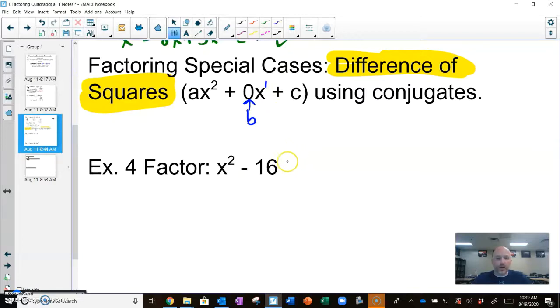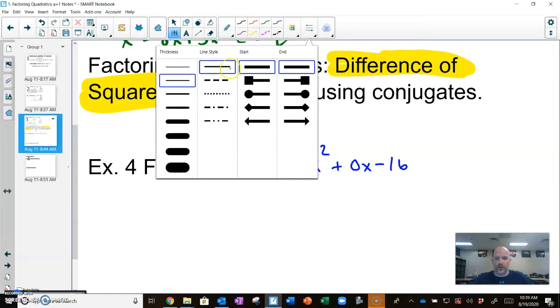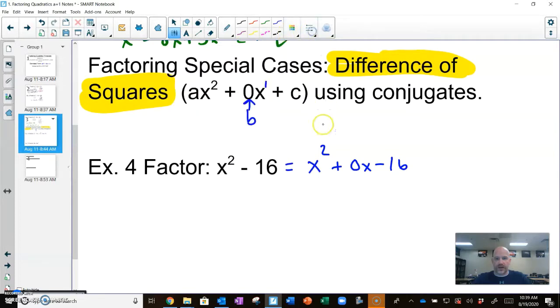So the long way to think about that is to rewrite it in standard form with a 0 placeholder, where you write it as x squared plus 0x minus 16. Then we could think about it the same way we did before. What are the factors of x squared? Well, I got x and x.